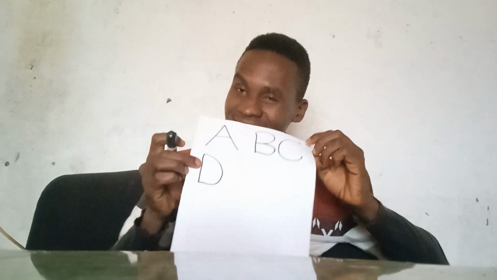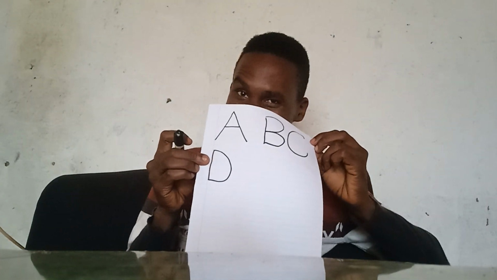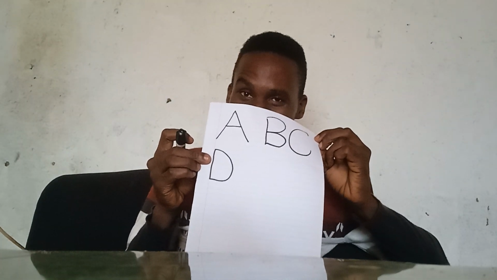Now we're moving to alphabet D. And remember, we are writing our alphabets in capital letters. Now let's come to D. Alphabet D. Did the friend next to you write it in the correct way like this?